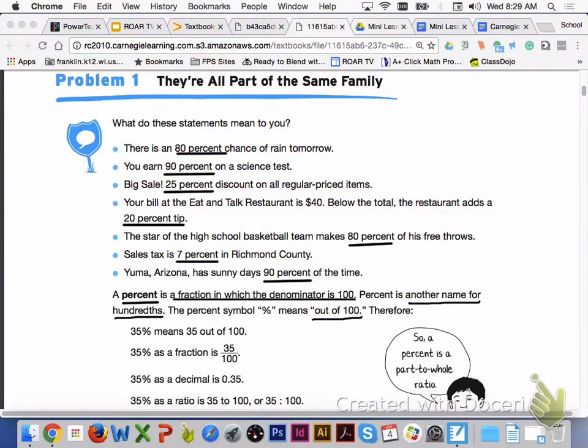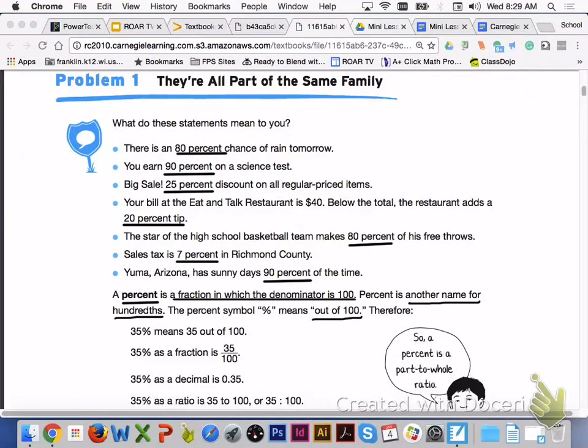A percent is a fraction in which the denominator is 100. Percent is another name for hundredths. The percent symbol means out of 100. Therefore, 35% means 35 out of 100. 35% as a fraction is 35 over 100. 35% as a decimal is 35 hundredths.